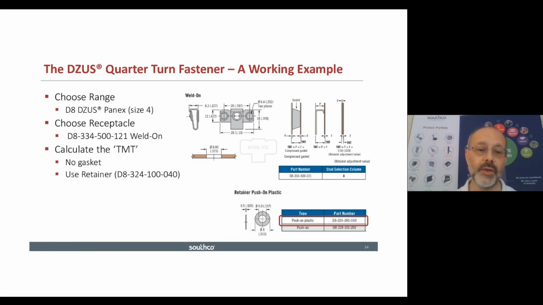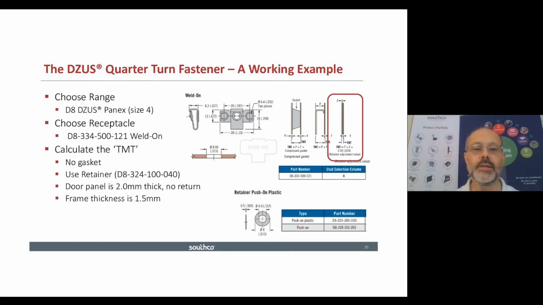And I know I have no gasket in this particular case, and I'm going to use a retainer, the D8-324-100-040. So from looking at the handbook page and the user guide, this will direct me to say, okay, I need to use the right-hand image in the handbook and the TMT calculation as shown, with a frame thickness of 1.5 millimeters and a door thickness of 2 millimeters.